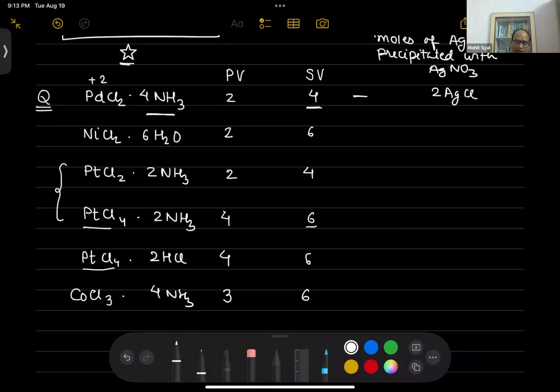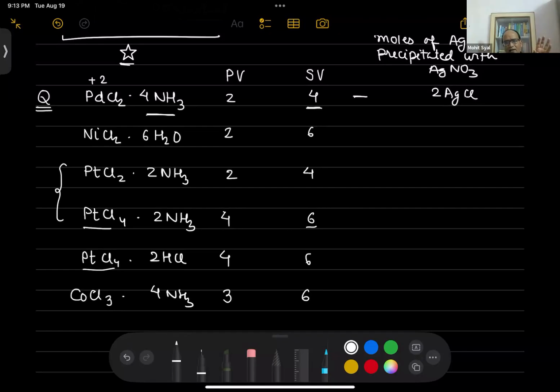What about the next one? Suppose the secondary valency is any number and you have the same number of neutral molecules, then put those neutral molecules in place of the secondary valency. Put all those neutral molecules, and if the neutral molecules are less in number, put the ions also.